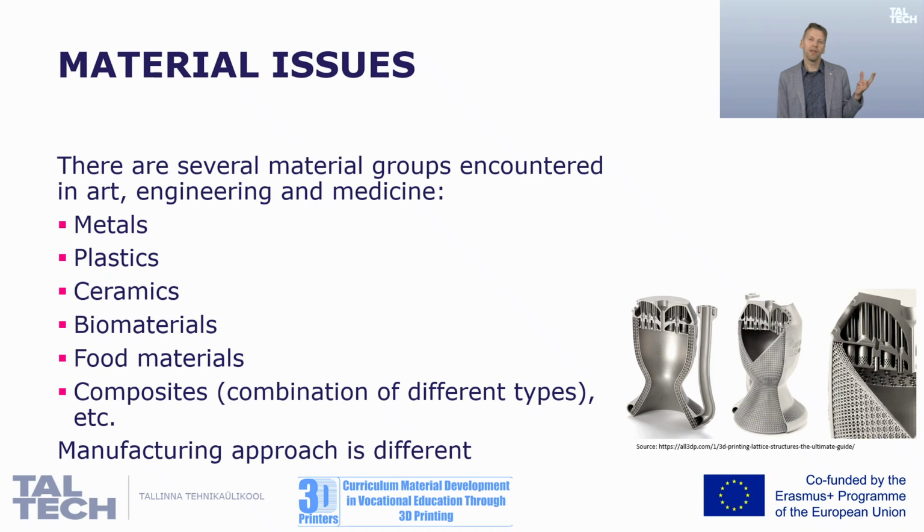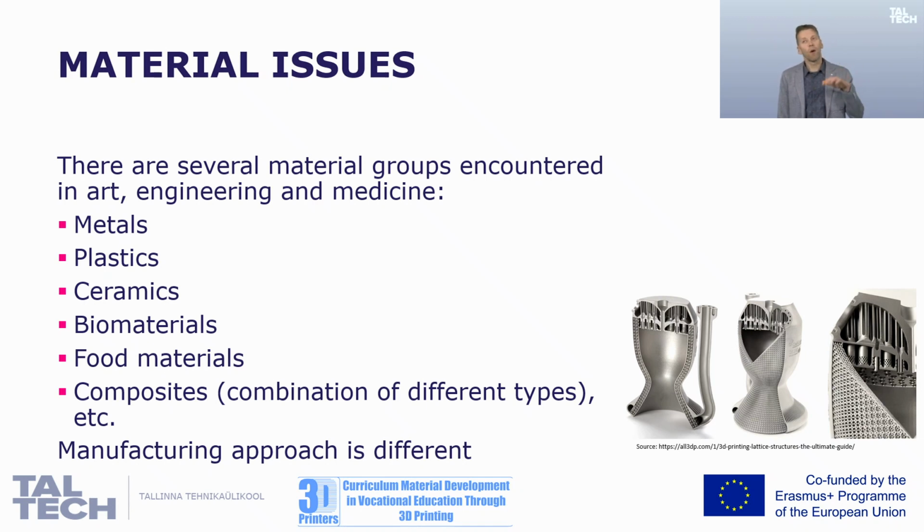Now there might be biomaterials, then there are some food materials. For example, we might want to create something, some candy. We might print candy. And the very advanced class of materials is composites, like combination of different material types.